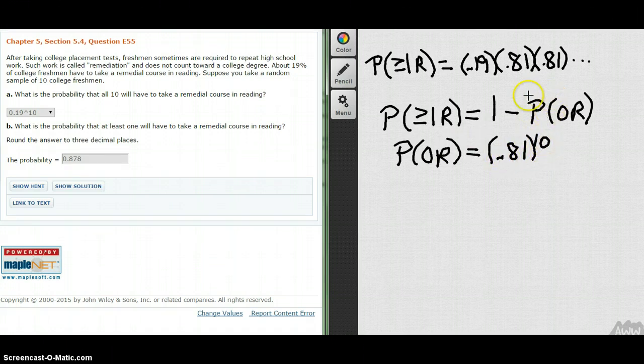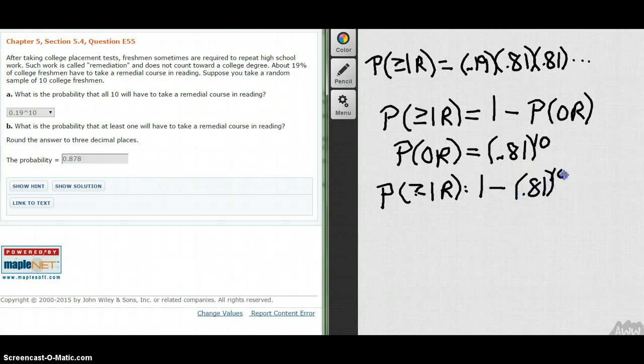And that would give us the probability that none were in remediation. So the probability that at least one is in remediation is 1 minus 0.81 to the 10th.